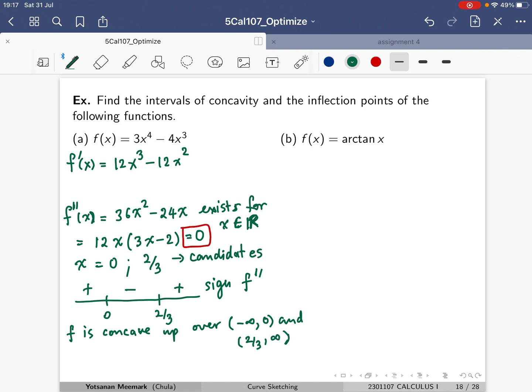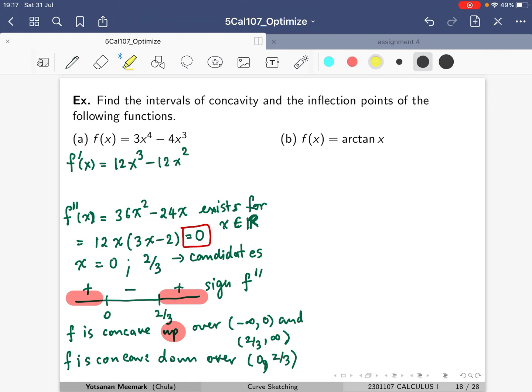Okay, because over these two intervals the sign of your f double prime is positive, and it is concave downward over the rest of the interval, which is from 0 to 2/3, because over that interval the sign of your f double prime is negative.